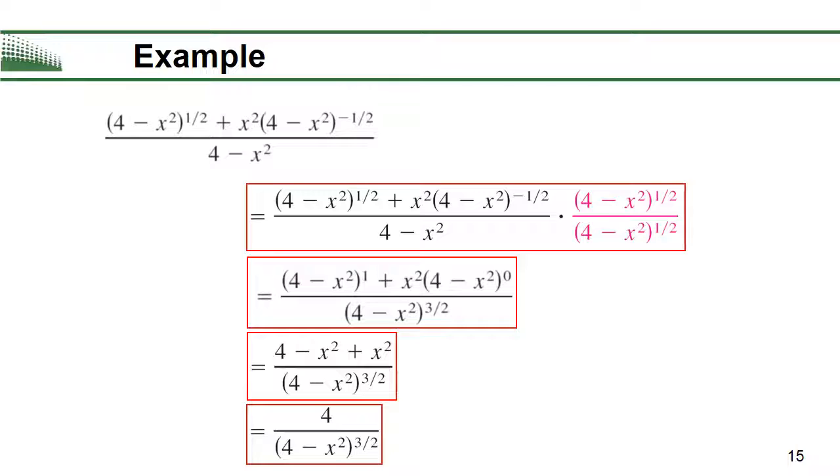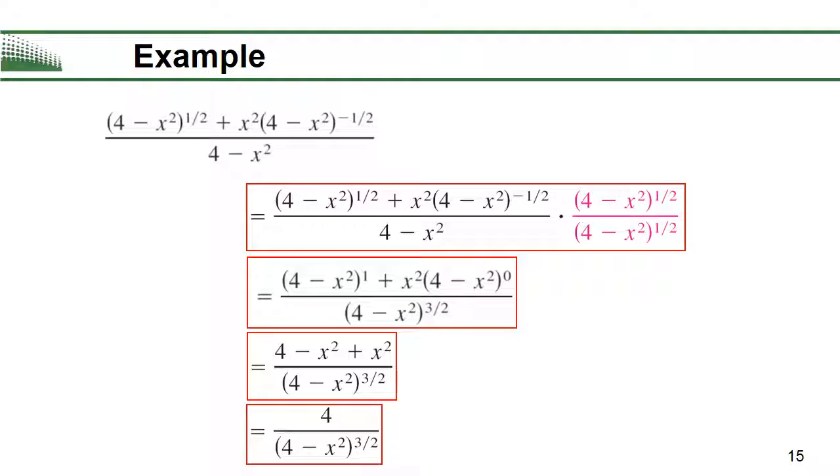And when we FOIL it out, we get 4 minus x squared to the first, because multiplying the 4 minus x squared to the 1/2 to the very first term, 4 minus x squared to the 1/2, is just going to give us 4 minus x squared to the first. When you multiply, you add the powers.